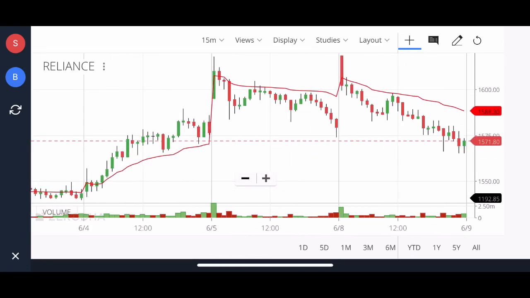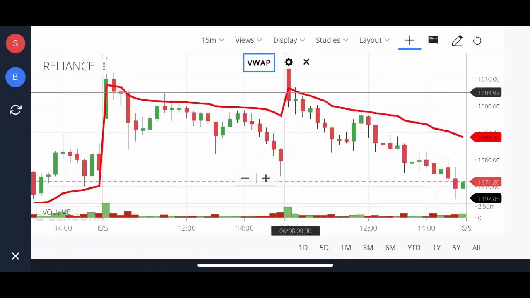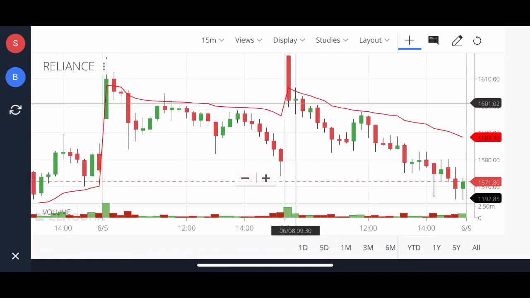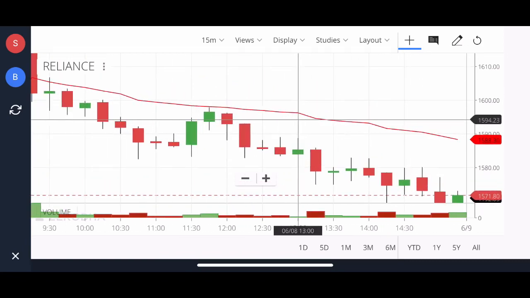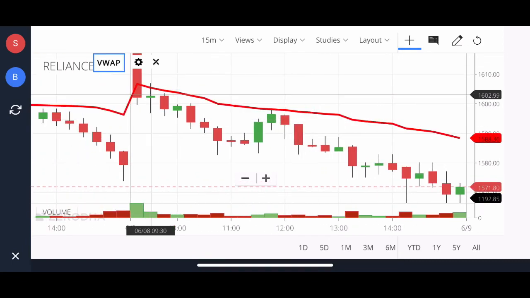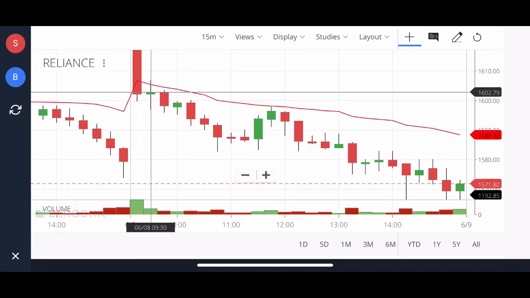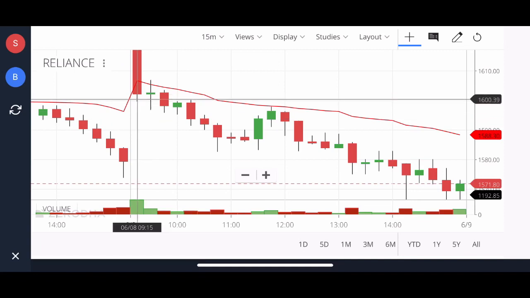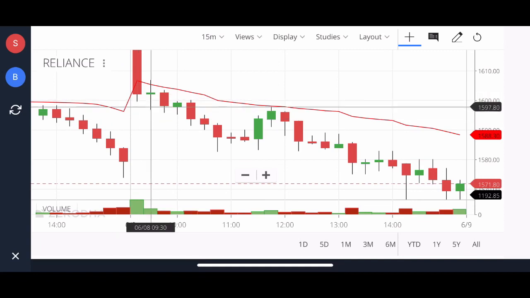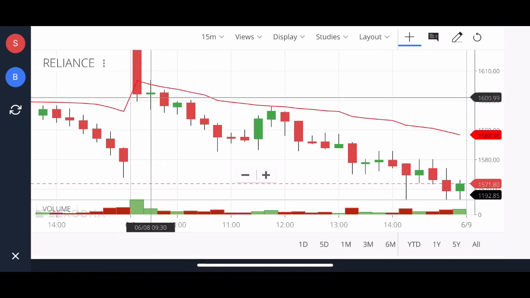Here we can see the price is closing below VWAP, and this candle is a doji candle, which can indicate a trend reversal. But you should always confirm the doji candle. You should always use a confirmation candle after that.